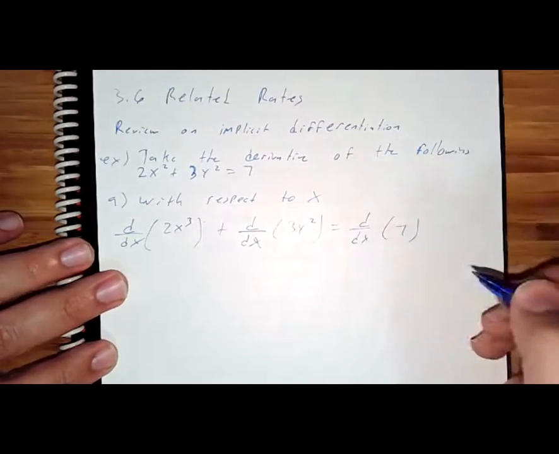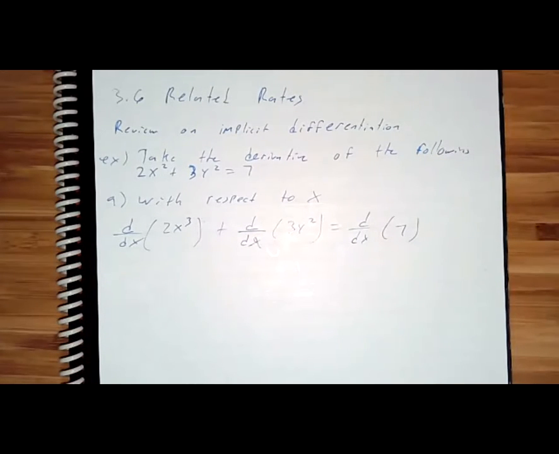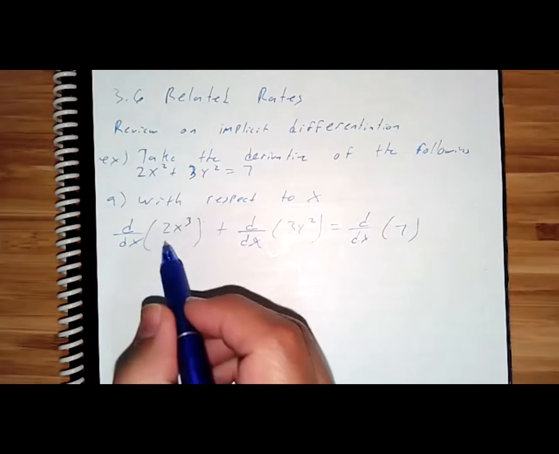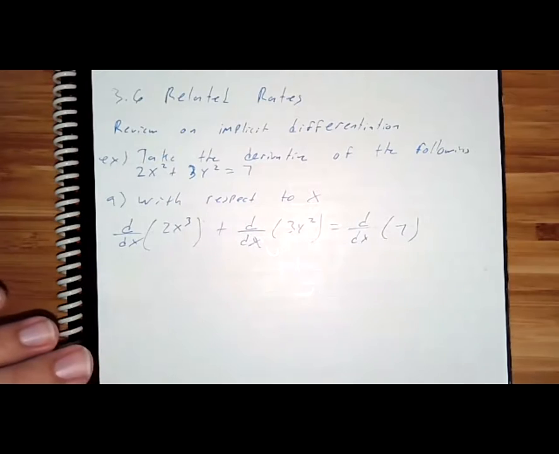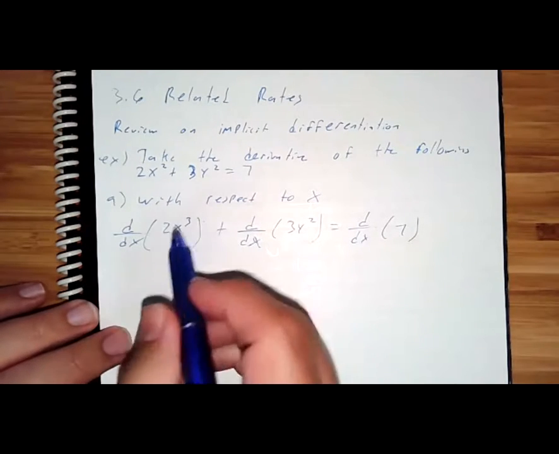Okay, there we go. So d dx of each term, we said if they match, then you just do the derivative rules that we've always had. So this can be a power rule.